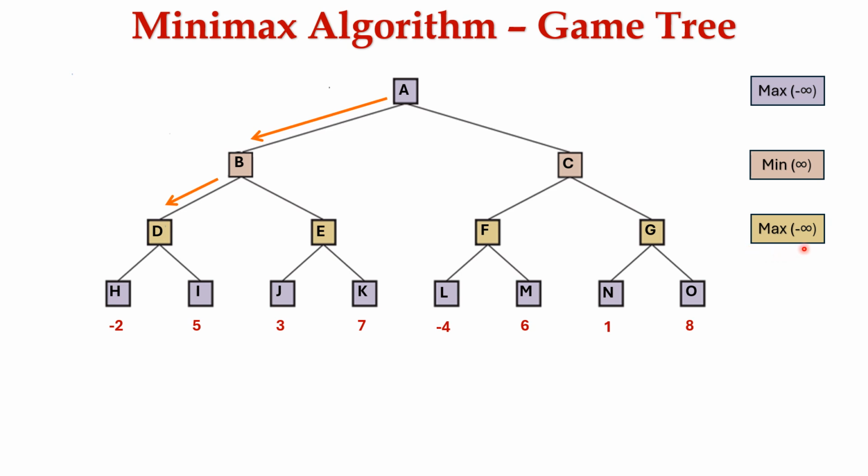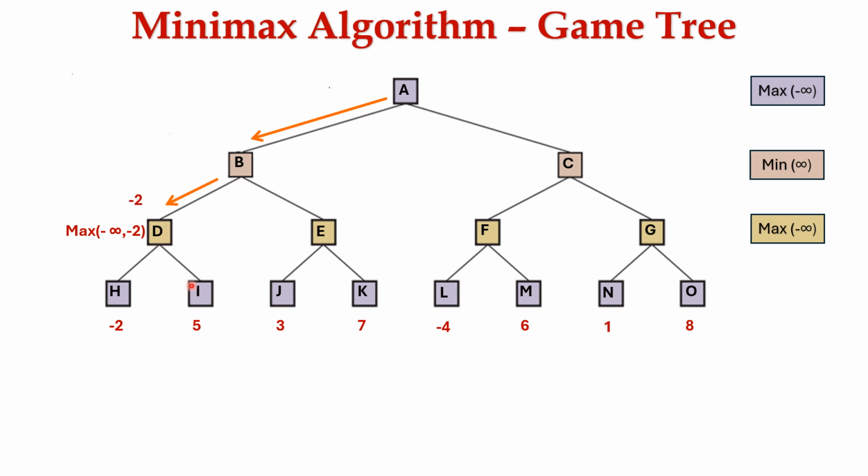As it is a maximizing node, we need to apply the max function. The algorithm first compares node H value, that is -2, with the initial value minus infinity of node D. Now, node D is updated with the value -2 since -2 is the maximum value.